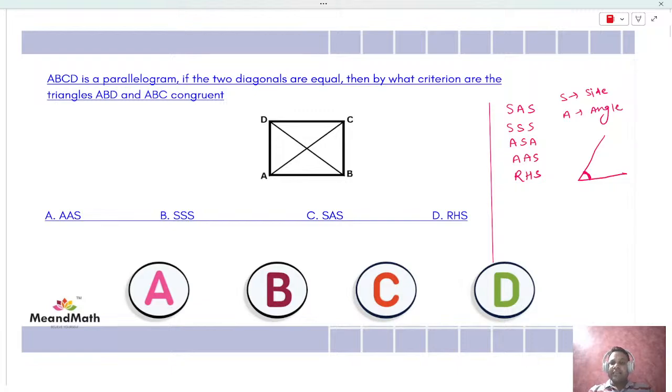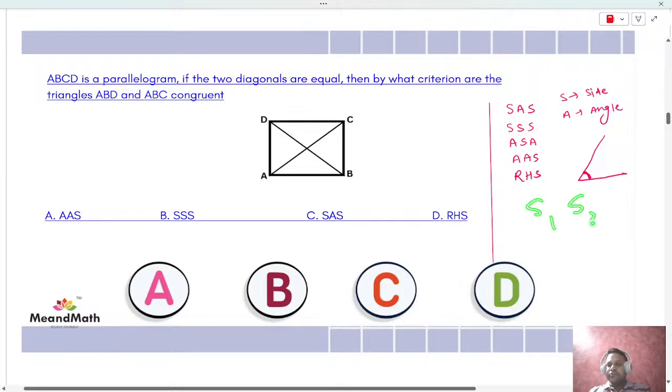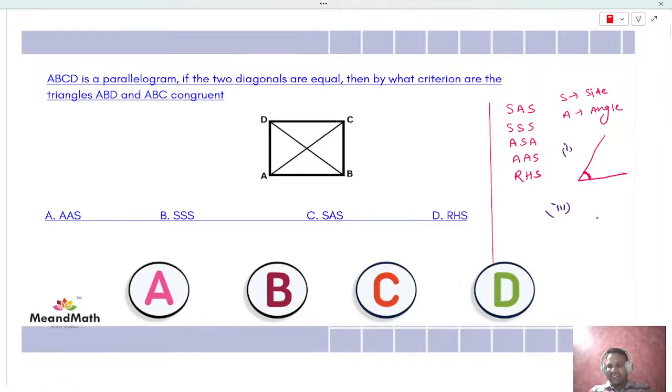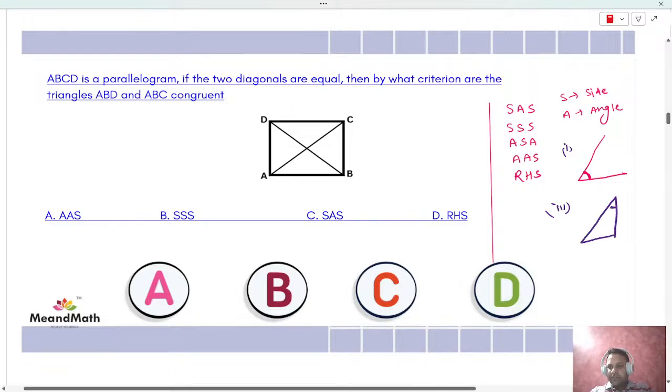Similarly, SSS: in this criteria, all sides should be equal. Side 1, side 2, side 3, all are equal. Okay. ASA, angle side angle. ये SAS का जस्ट अपोजिट है, टू एंगल्स इंक्लूडेड साइड। तो टू एंगल, फर्स्ट this one and this side.